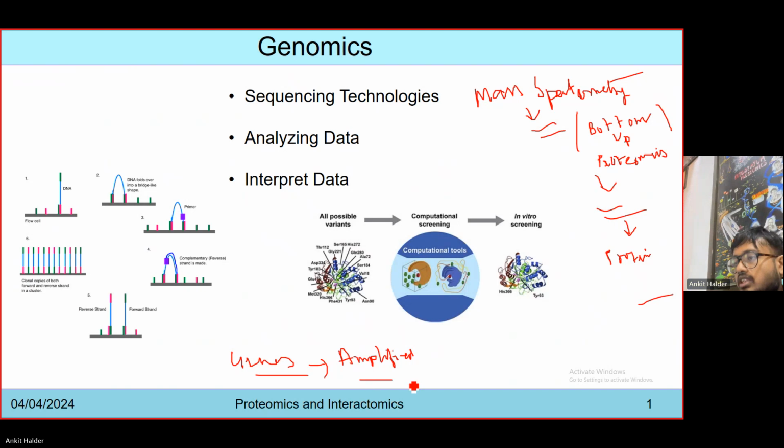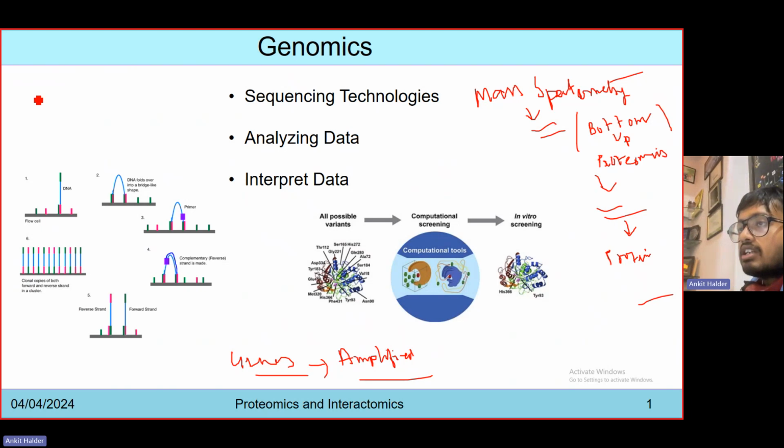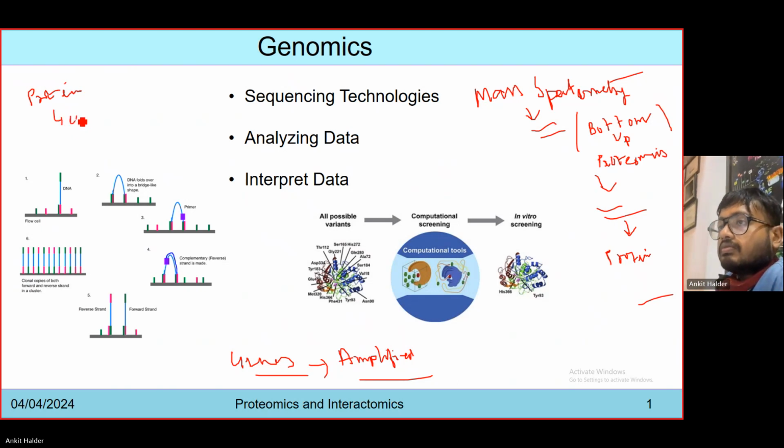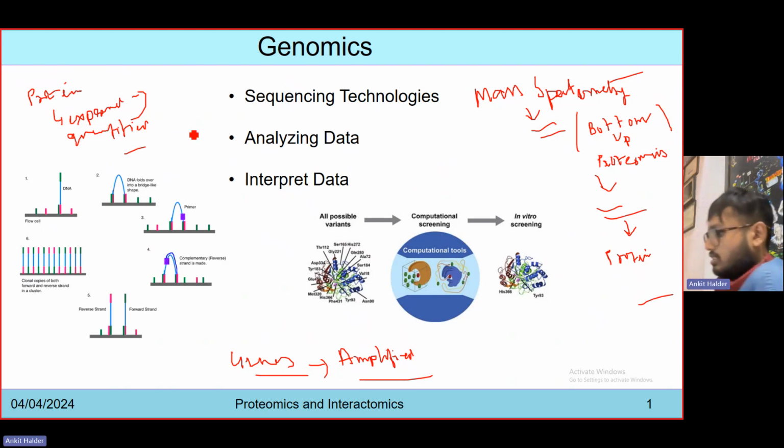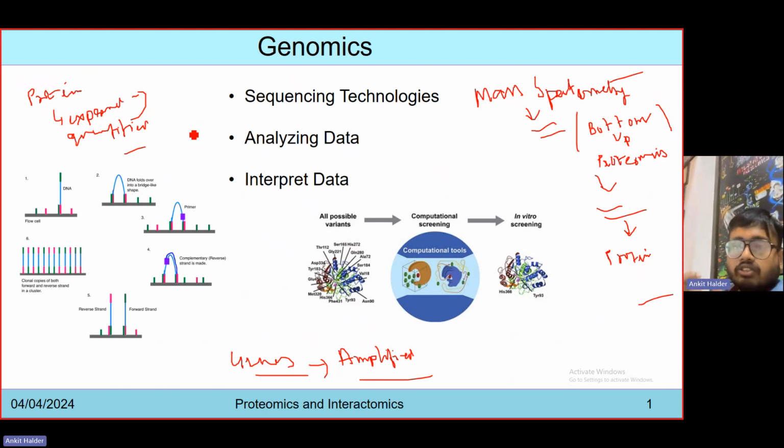And the major thing is that proteins are expressed or quantified, right? So proteins are expressed or quantified, but for genomes we have the DNA sequences, gene sequences.